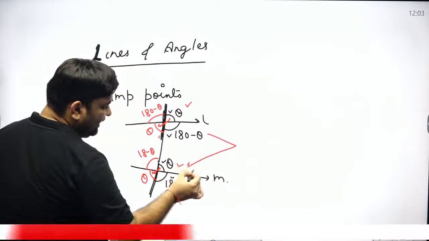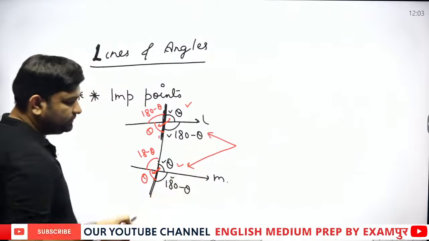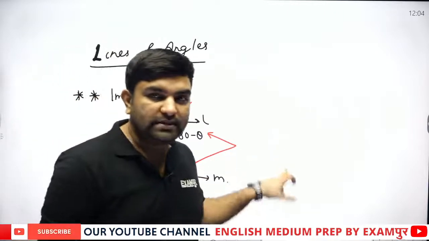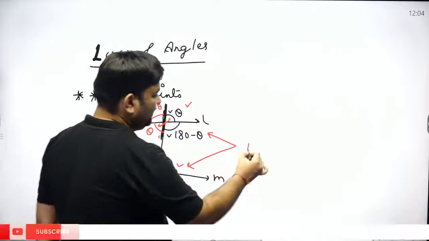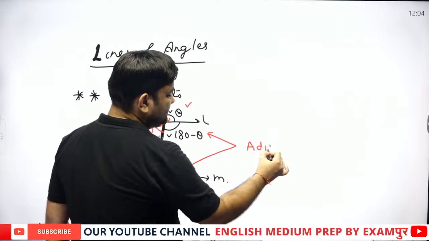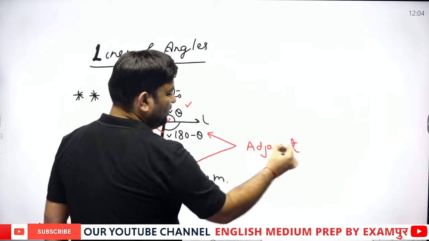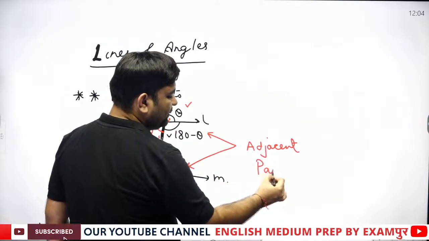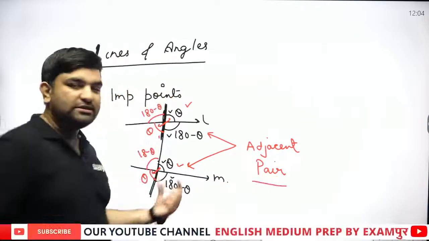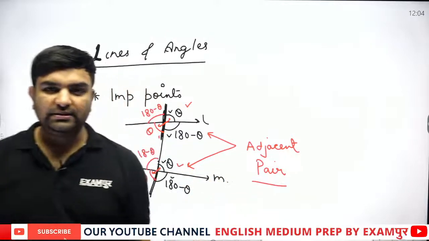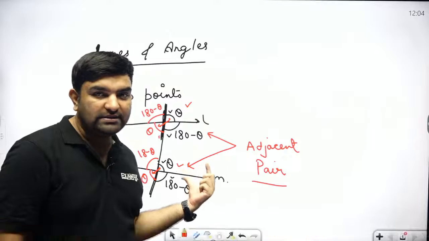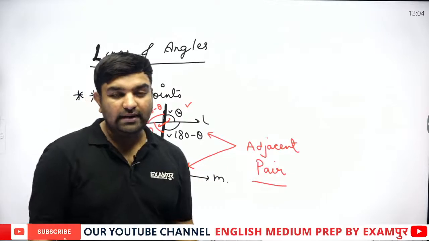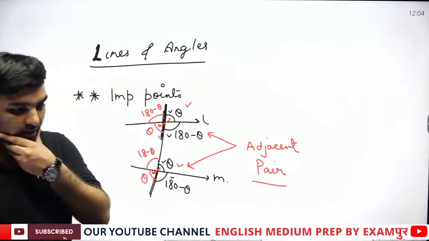The sum of two interior angles inside the parallel lines is an adjacent pair.